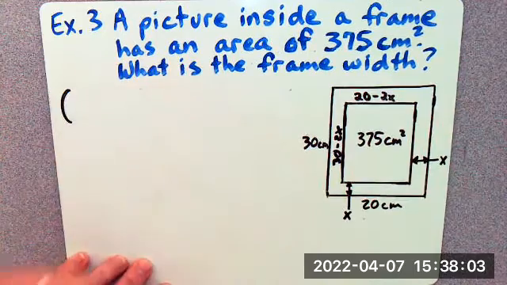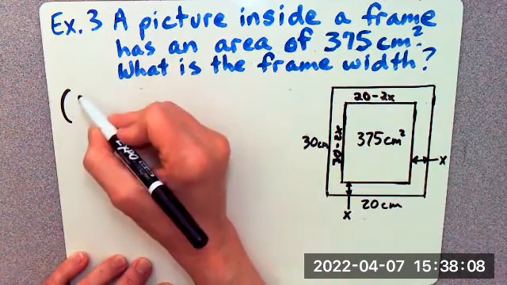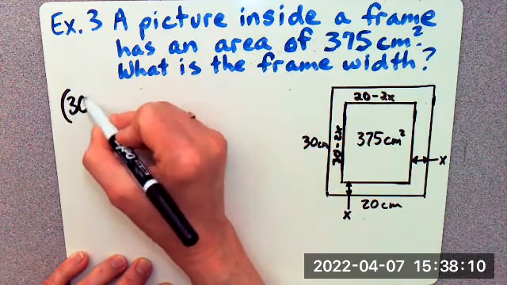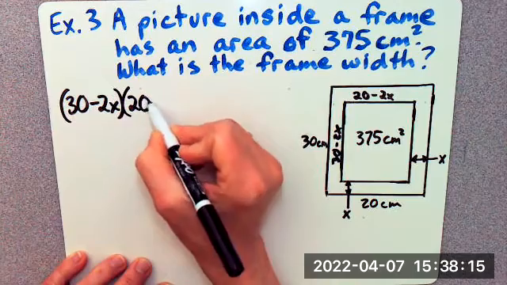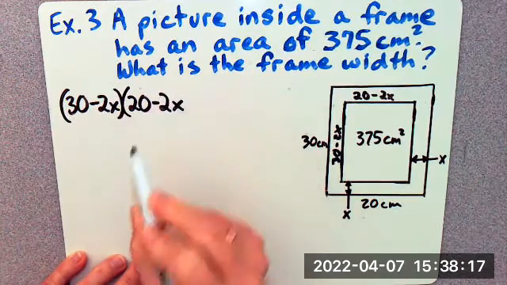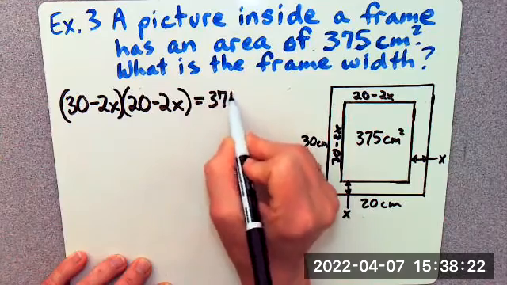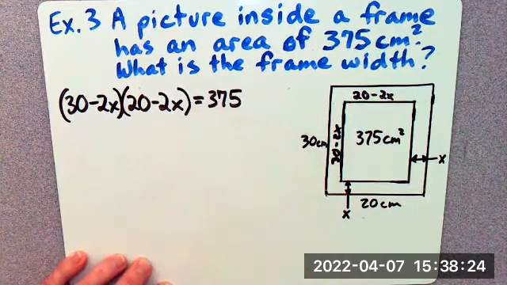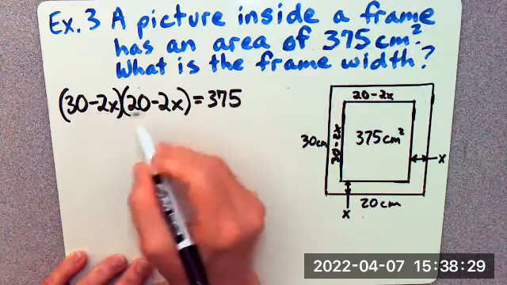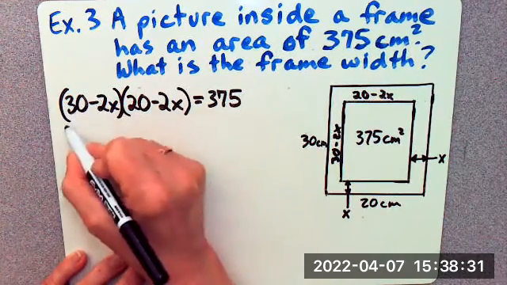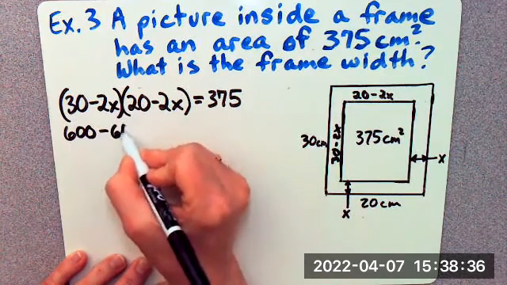So let's write that out as a length times width. So we have a length of 30 minus 2X times a width of 20 minus 2X equals 375 centimeters squared. So let's do FOIL. So we're going to do 30 times 20, which is 600. 30 times negative 2X is negative 60X.